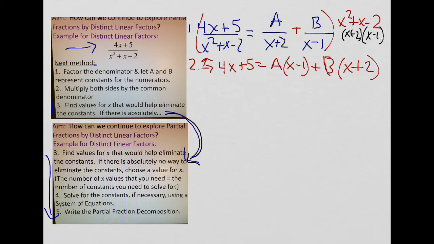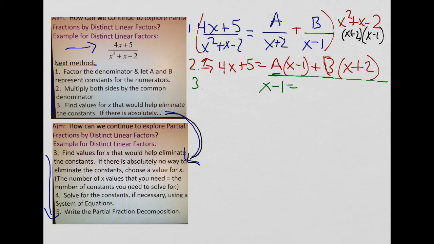Okay, so from here we have step 3, and this is where it starts to become different. Step 3 says find values for x that would eliminate the constants. So we're looking over here to see what we can make for x. There are 2 constants that we're solving for, so I need 2 x values.